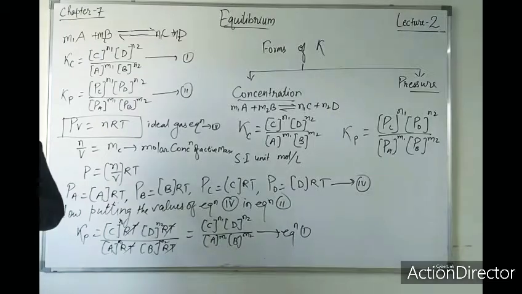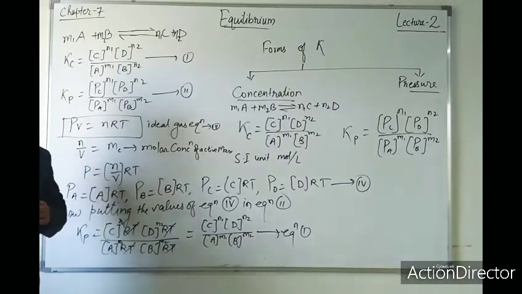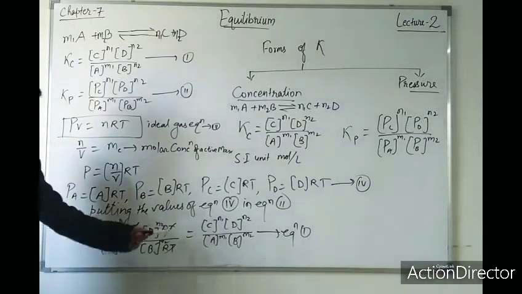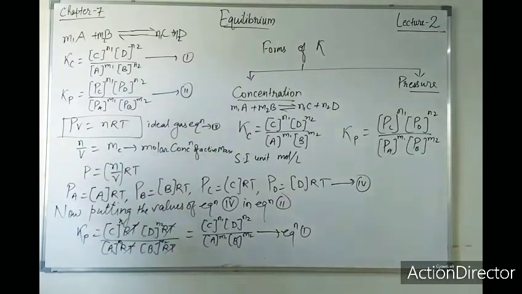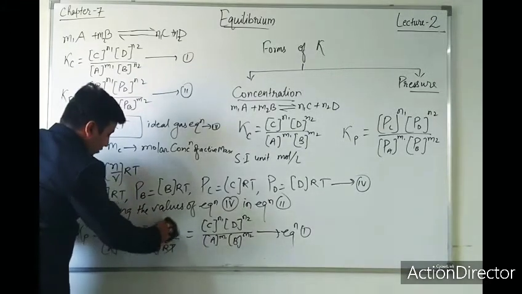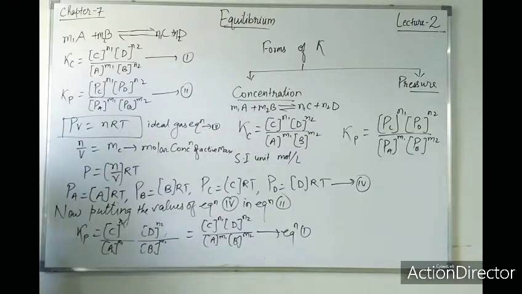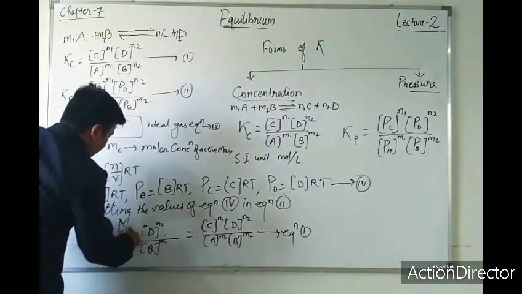Now the question: you can cancel or not cancel, but if the RT values are having some concentration like N1, N2, M1, M2, then we can't cut these values. So directly if the concentrations are there, if I talk about the concentrations, then what will you write here?